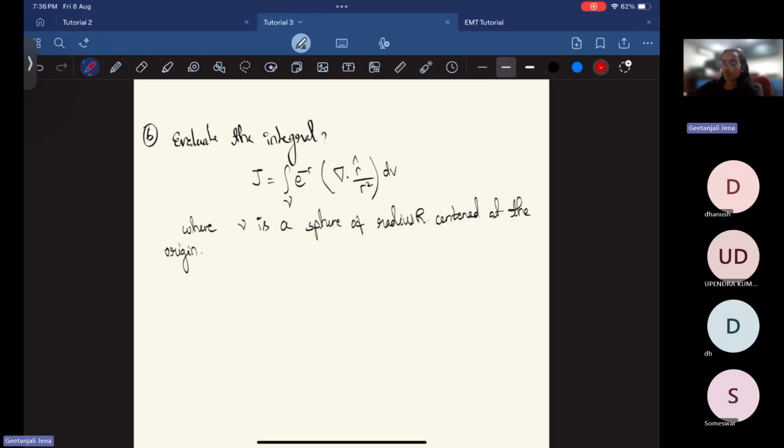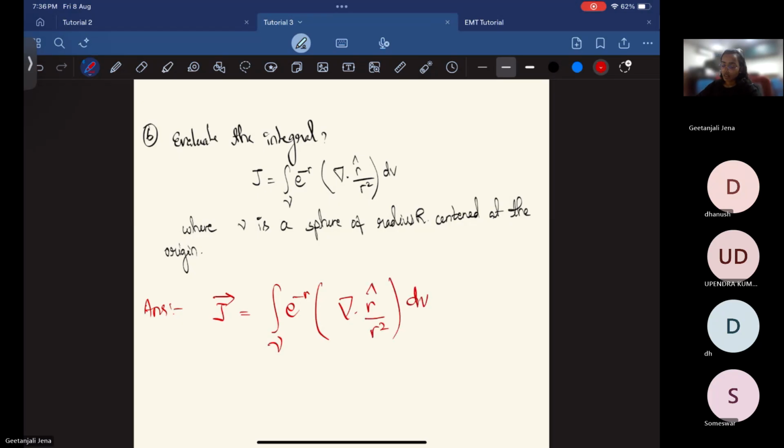Given the function, which is the volume integral of e to the power minus r, del r cap by r square, dv. What will be the integration value?